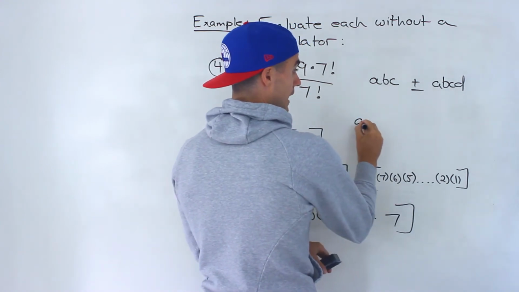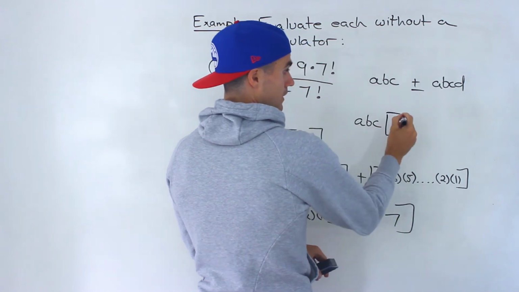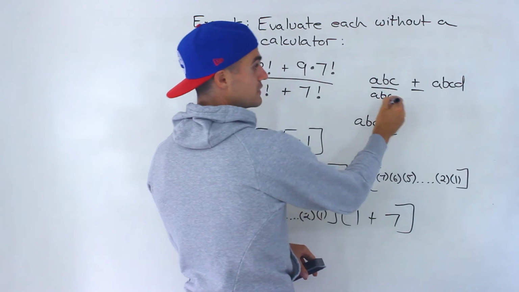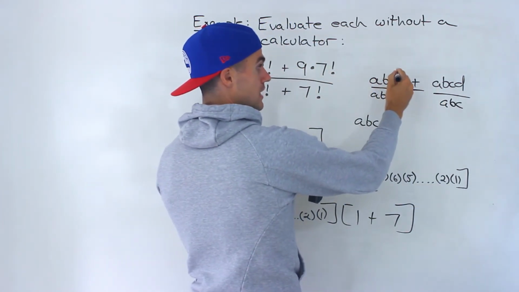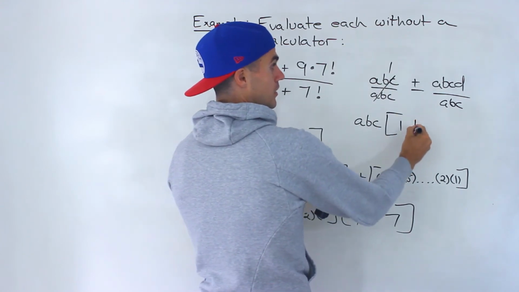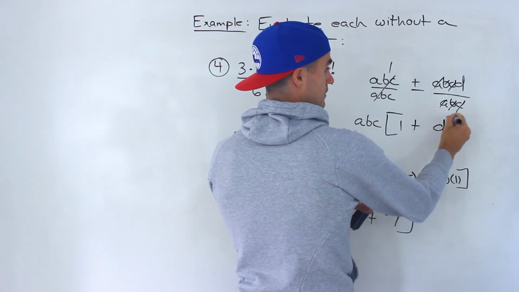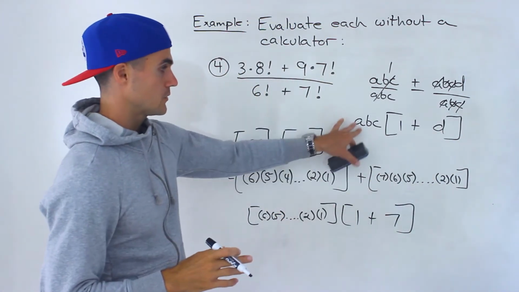We could factor out an A, B, C. That's what's common in both of these. And what would we be left with? Well, to find out what's left, we would divide both of these by A, B, C. That's what we took out. So notice all of these cancel. This is just a 1. Plus, these cancel out. We're just left with D right there. Okay, so just in general, that's what's happening with the factoring.